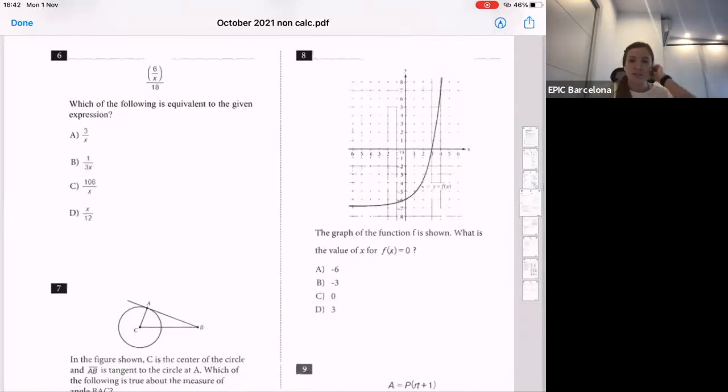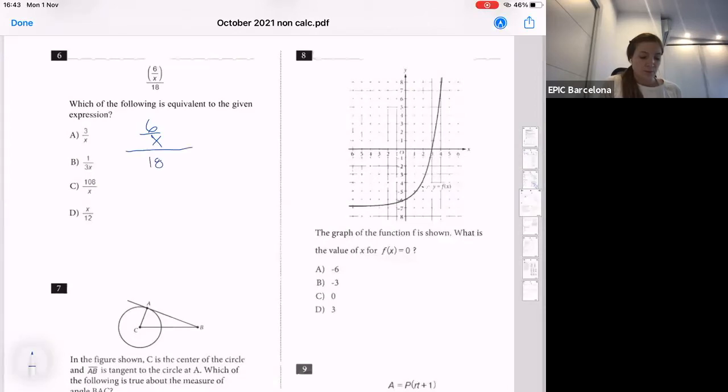Which of the following is equivalent to the given expression? Okay, well, there's 2 approaches to solve this one. You could plug in values and test them, or you can just simply straight up solve.